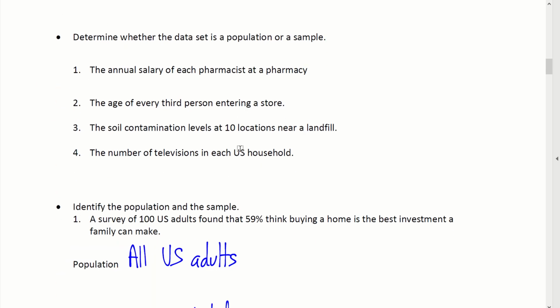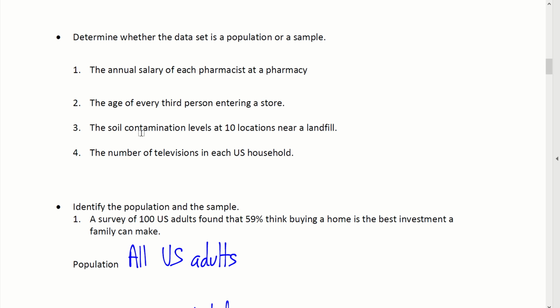A few more examples. If we had the annual salary of each pharmacist at a pharmacy, can they say each? That's a synonym for all. So if that has all of the values, then that would make that population data. The age of every third person entering a store, that's some, not all. So that would make that sample data.